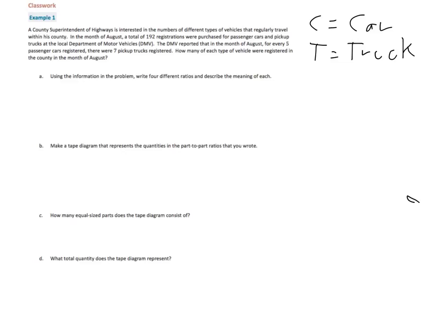Well, the first ratio we could use is the ratio that they gave us. We could do 5 to 7, and this is for cars to trucks. Okay, this is a part-to-part ratio, meaning that each section, the cars and the trucks, represent a part of a whole, not the whole total.